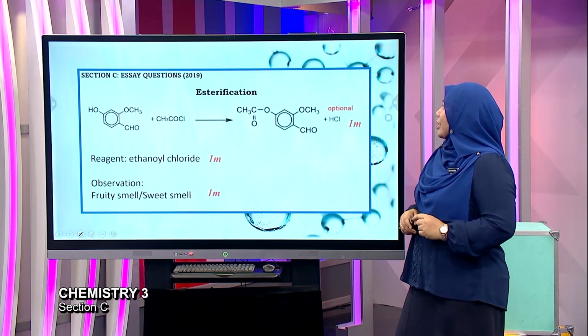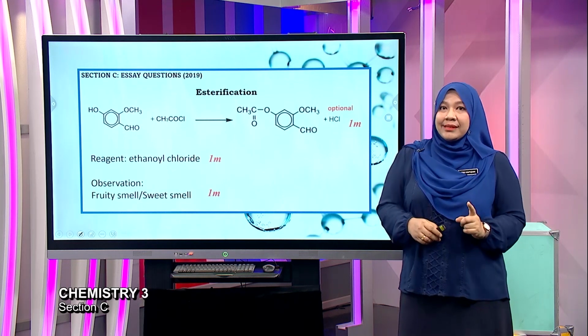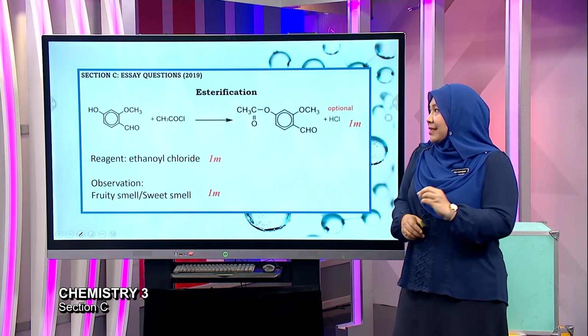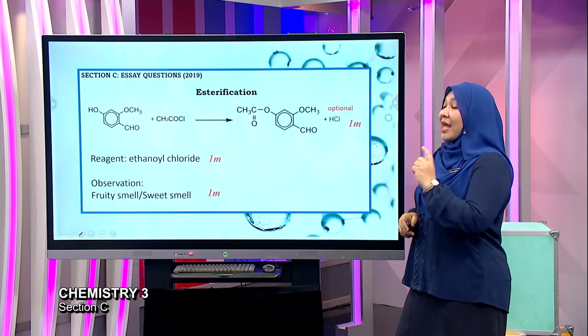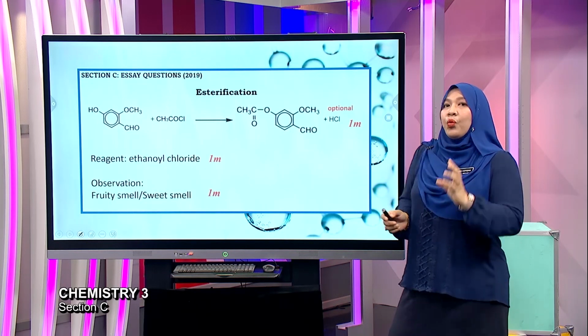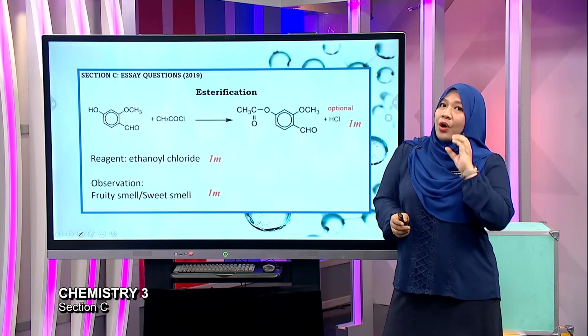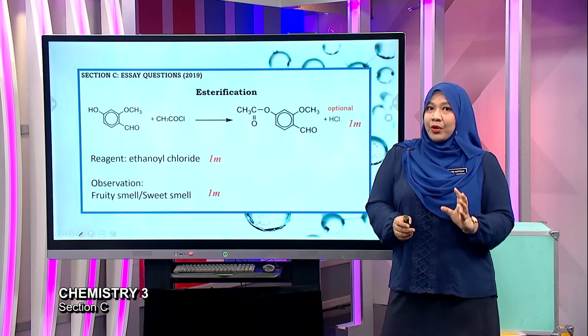The last reaction is esterification. For esterification, the reagent used is ethanoyl chloride. You will get 1 mark. And then the chemical equation, as shown here, you can see that we focus again on the organic compounds from the reactant side and then the product side.